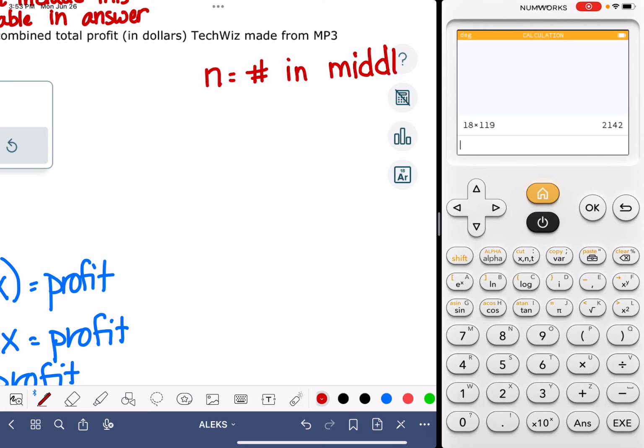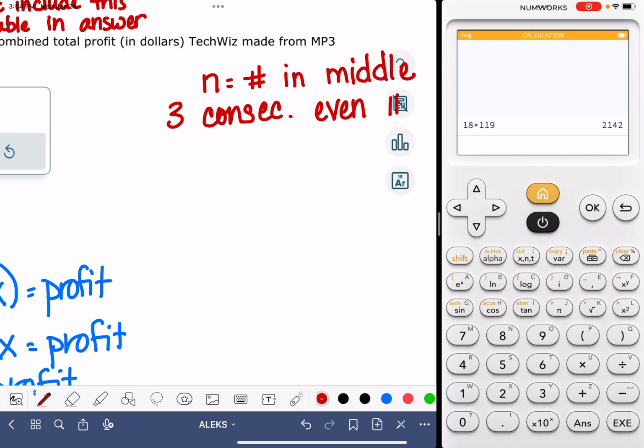There are 3 consecutive numbers, meaning that they come one right after the other, and that they specifically are even numbers, so 2, 4, 6, something like that. It wants me to come up with an expression for their sum, the total, if I added the numbers all up. So how are we going to solve this problem?